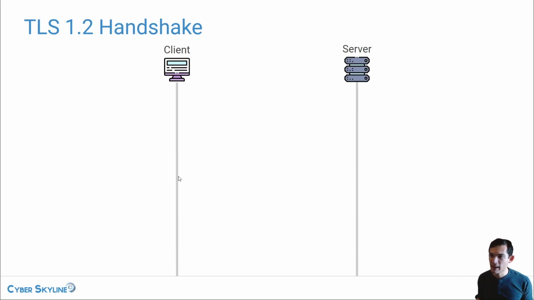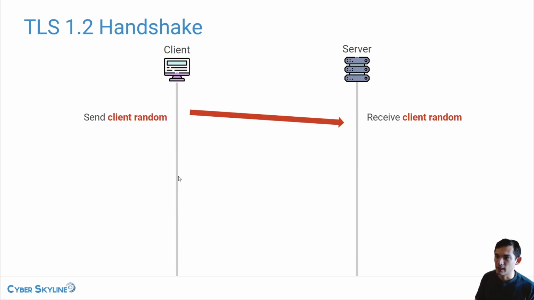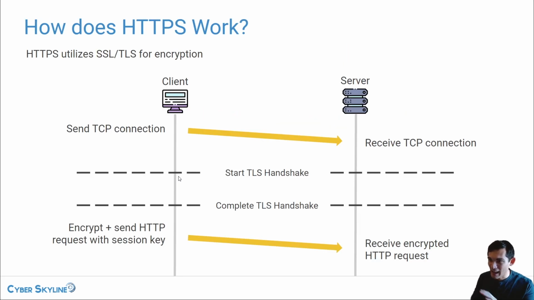So the first thing that happens is that you have the client here on the left, and they're going to send the traffic to the server. They want to establish an HTTPS connection. We're going to assume that the TCP connection has already been established, so we're only looking at this handshake, the dotted lines here on this slide.